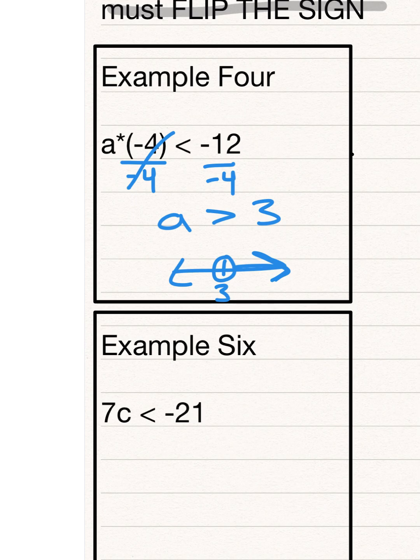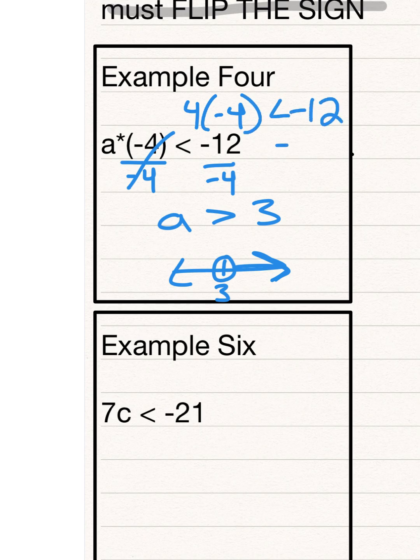Now the reason we flip the sign is because the number line flips at 0. Between positive and negative numbers, the number line flips. So if we were to test this out, our solutions say a is greater than 3. So if we plugged in, say, positive 4, I would have 4 times negative 4 is less than negative 12.